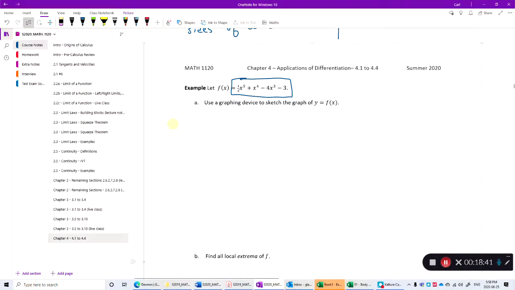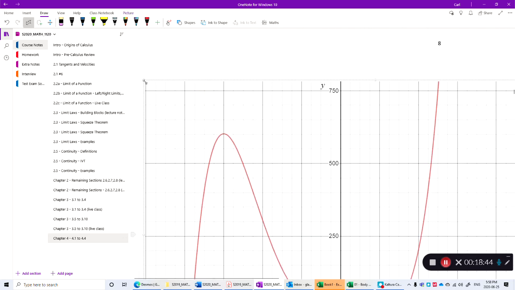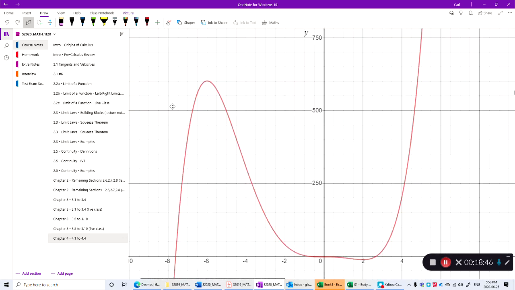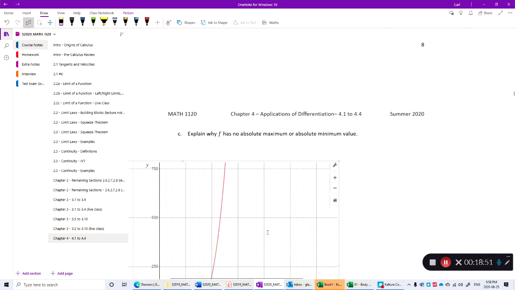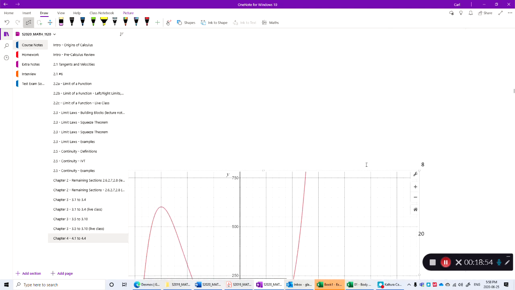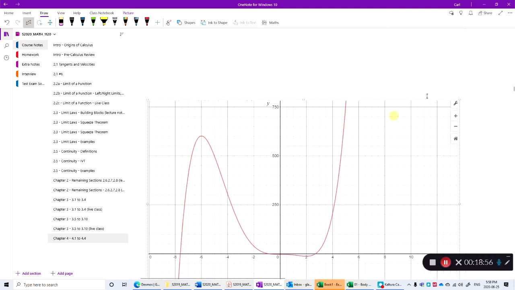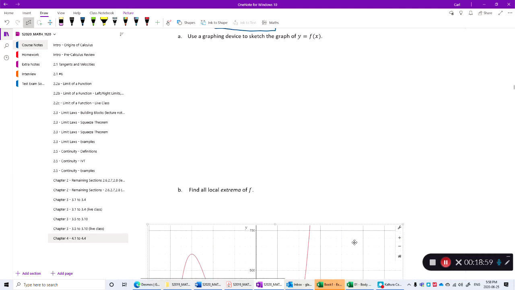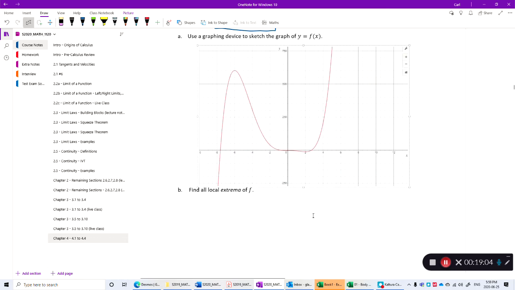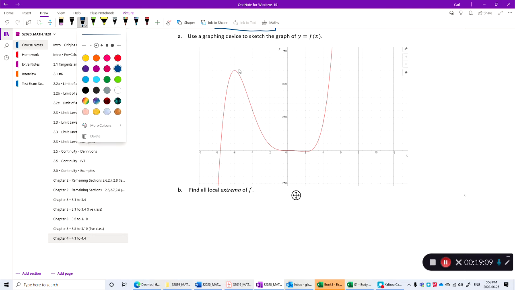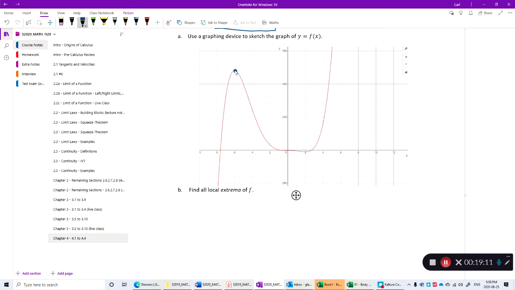Okay, so now we can see some of the critical points pretty clearly. I can see that there must be a local max here, and it looks like maybe around here, but I can't really tell if there's any more.